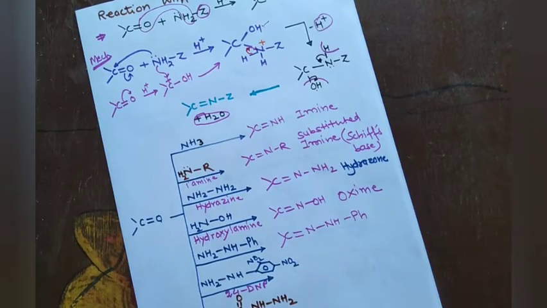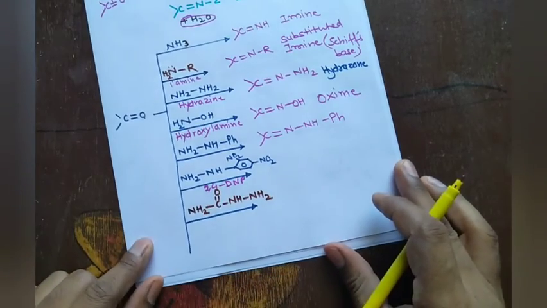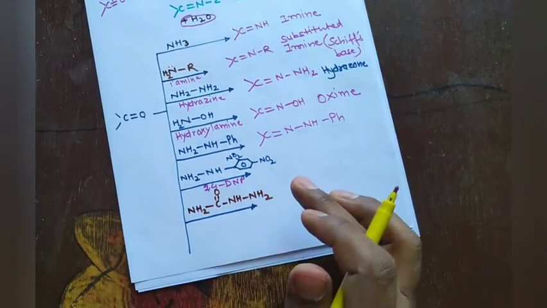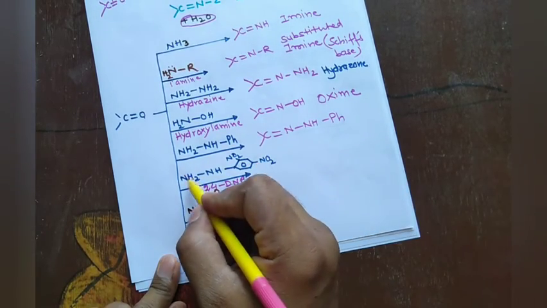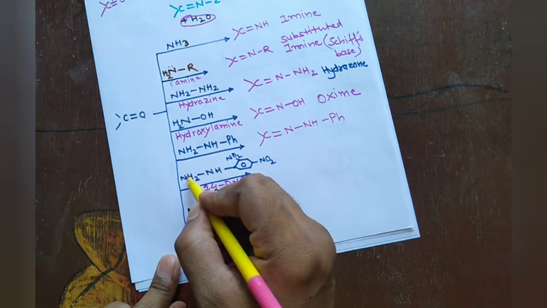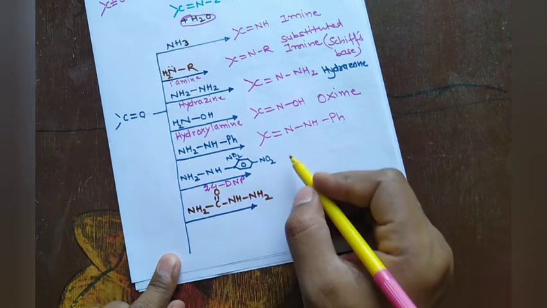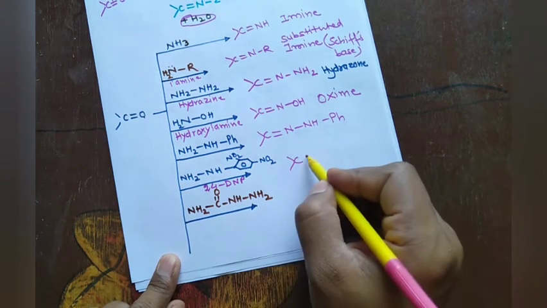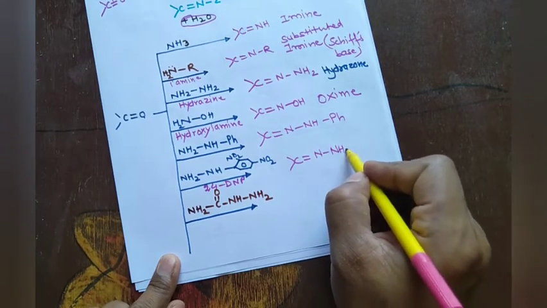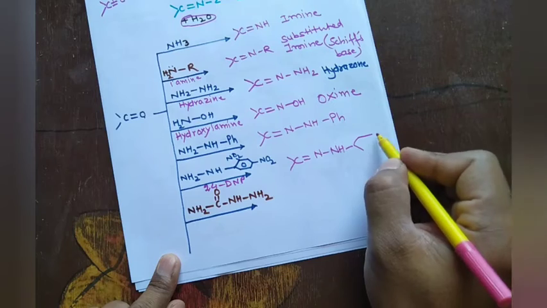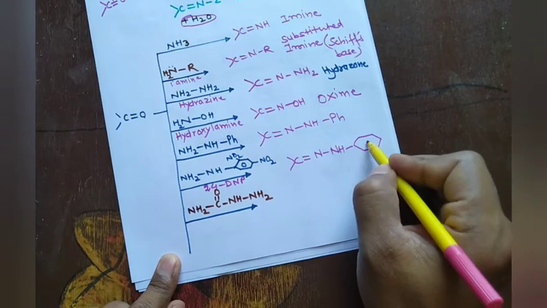This is called 2,4-DNP. You have nitrogen with two hydrogens, just remove this one. Similar reactions as that of phenylhydrazine.